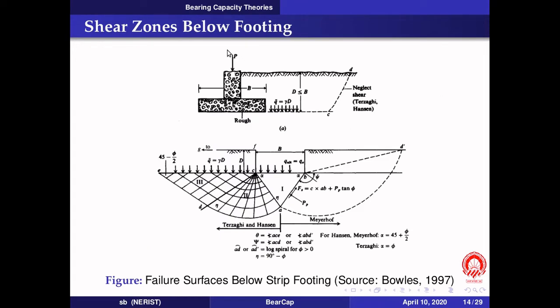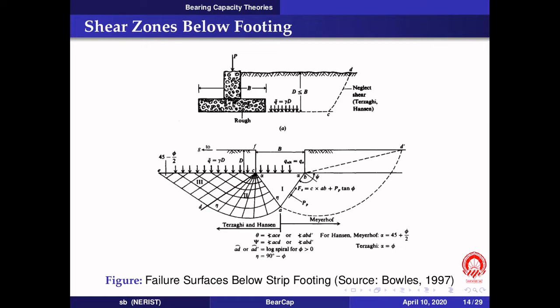Now, when a real foundation fails under the action of an increasing load, the actual failure surface cannot be exactly predicted. Therefore, different researchers have assumed different possible failure surfaces which may develop below the footing during the general shear failure case.